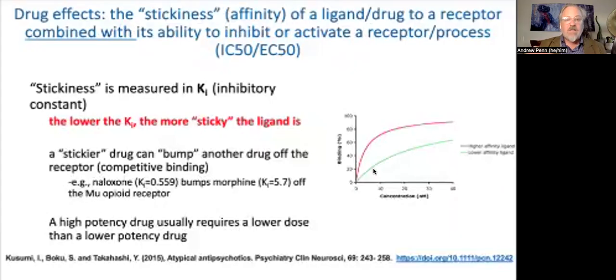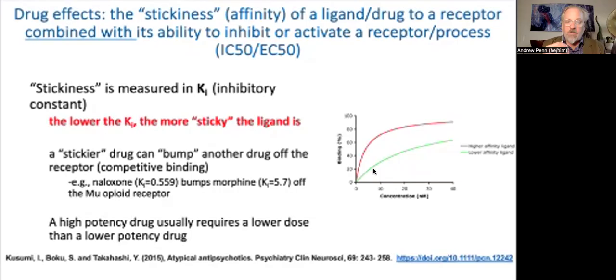And this affinity of a drug, a kind of stickiness for the receptor, is measured in something called Ki, which stands for inhibitory constant. This is one of those numbers that's kind of flipped around. The lower your Ki, the more sticky that drug is on the receptor compared to another drug that has a higher Ki.